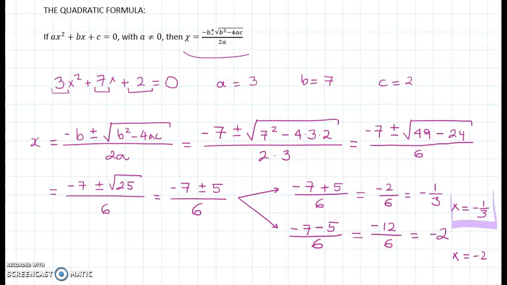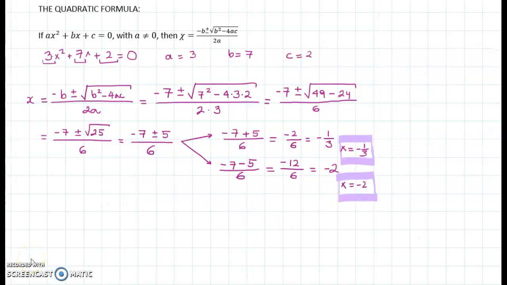And we want to actually check that those values are solutions for the original equation. Let's begin with the value negative 2. So we have 3 times negative 2 squared plus 7 times negative 2 plus 2. And we want to check if the result of this is actually 0.